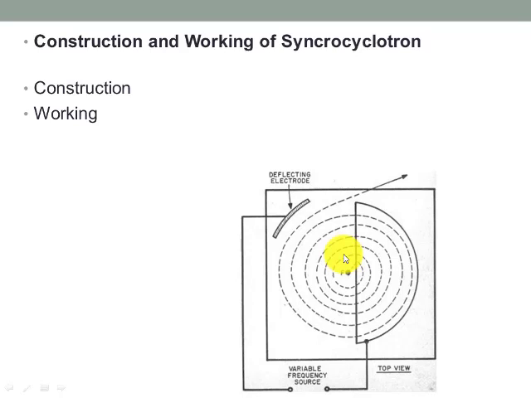Students were asking me what the major difference is between the cyclotron and synchrocyclotron. The major difference is that the cyclotron uses a constant frequency and constant magnetic field, whereas in the synchrocyclotron we use a variable frequency of the applied field, and if we use a variable magnetic field, we can even circulate the particle in a constant radius.